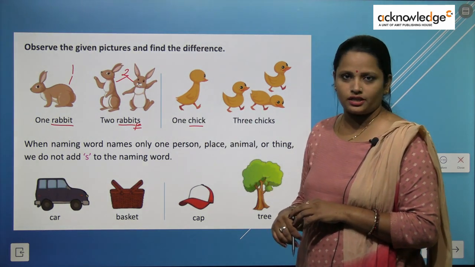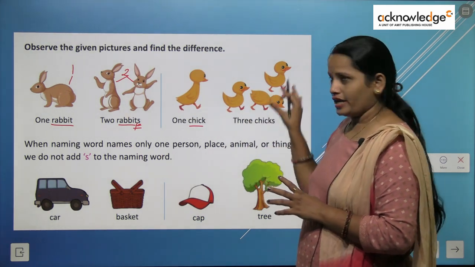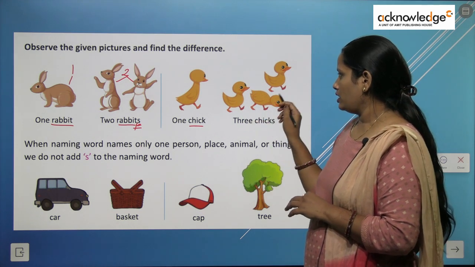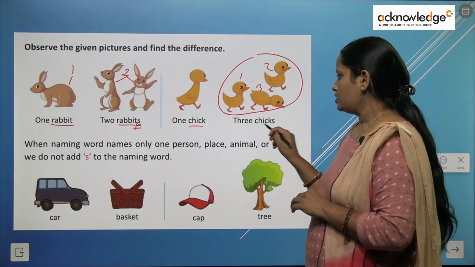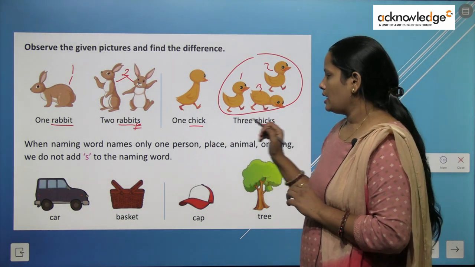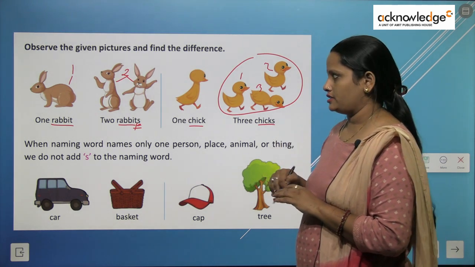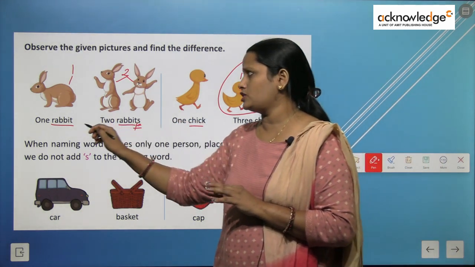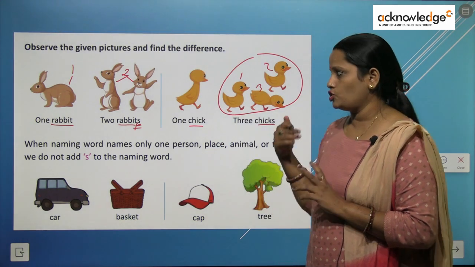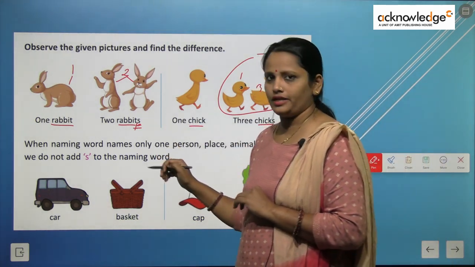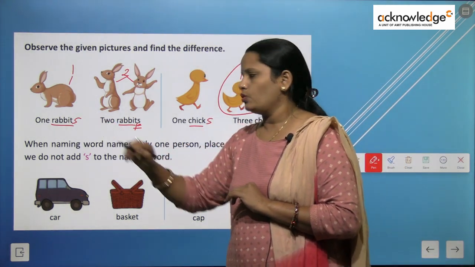So, it is called chick, and when it is followed by more of its family members, in the next picture we can see there are 1, 2 and 3 chicks. So, chick becomes chicks when we add S to it. When it is 1, it is simply called rabbit or chick, but when it becomes 2 or more, it becomes rabbits or chicks. We have to add S to these words.